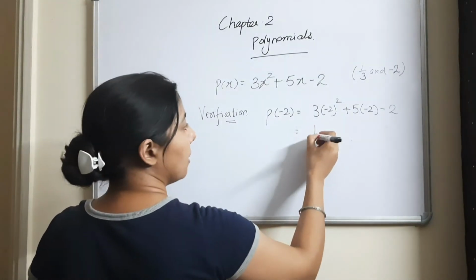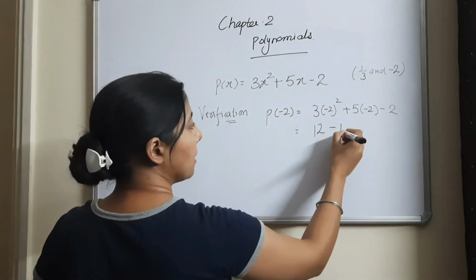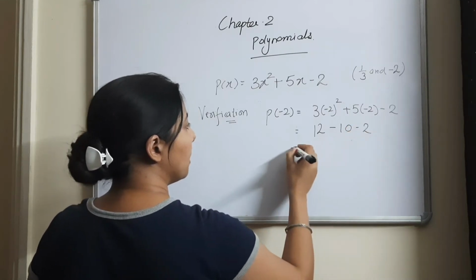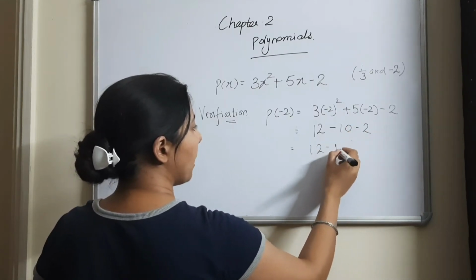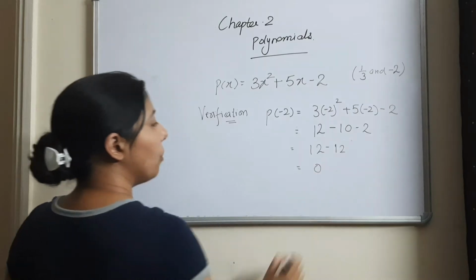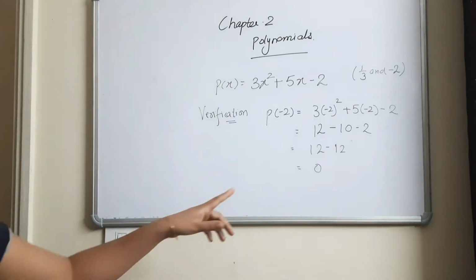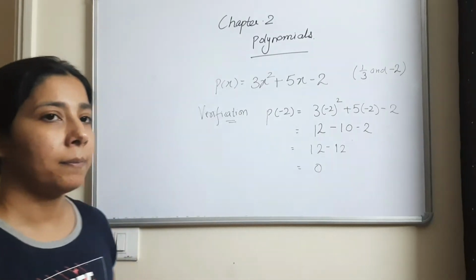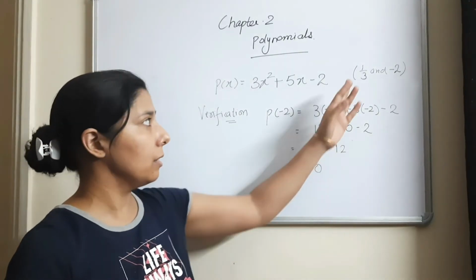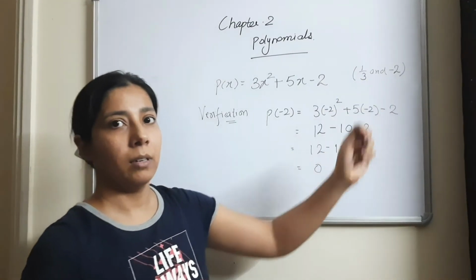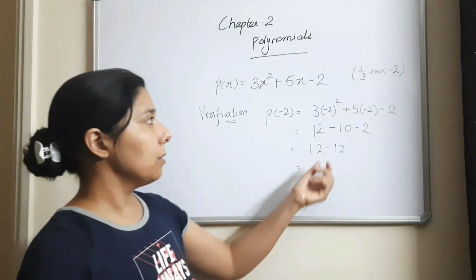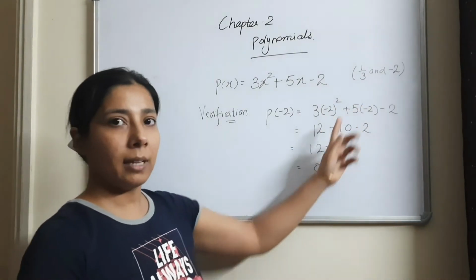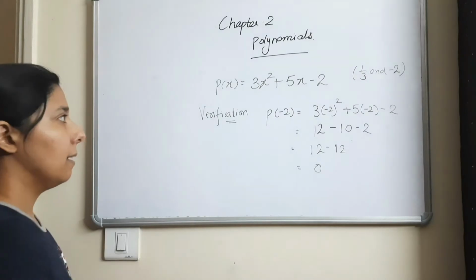Yes, 12 minus 10 minus 2, that is 12 minus 12, that is 0. So your answer will always come to 0 only, and this is the way you can verify your answer. If it is not 0, it means the zeros that you have calculated are wrong. If it comes 0, then the answer is right.